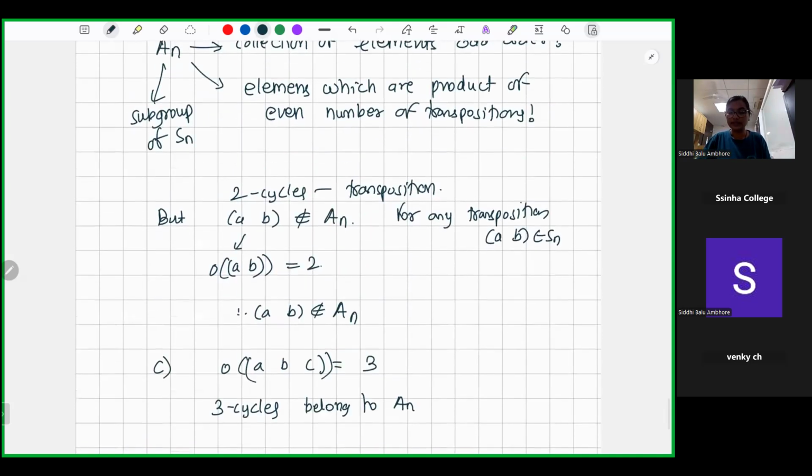It contains all the even permutations. An even permutation is a permutation which can be written as an even number of transpositions. Though they have odd order, they are called even permutations because they are products of an even number of transpositions.